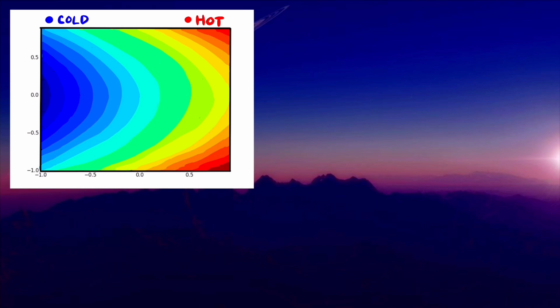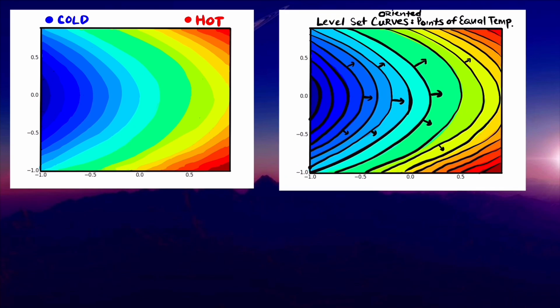Consider we're measuring temperature in a room. On the left it's cold and on the right it's hot. One can see the temperature variation through color as a scalar field. If we were to trace out the level set curves which are oriented in a particular direction, this would be a covector field on our scalar field.